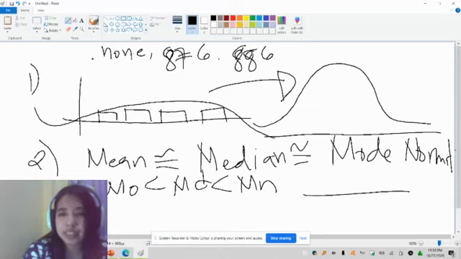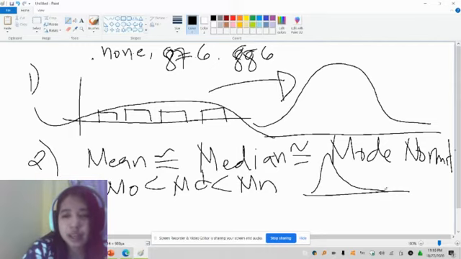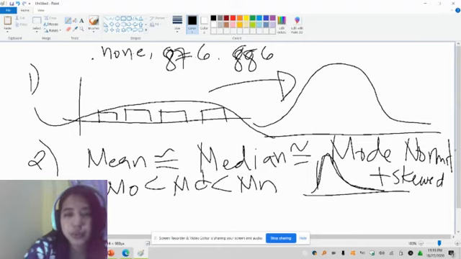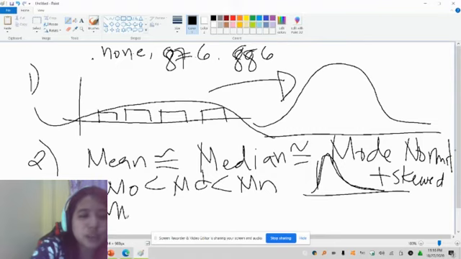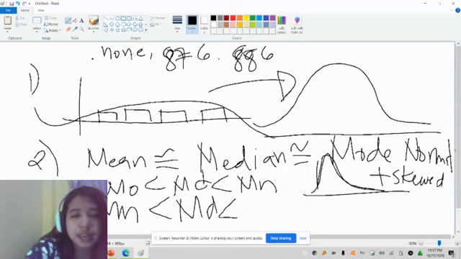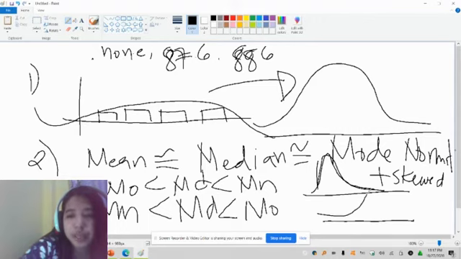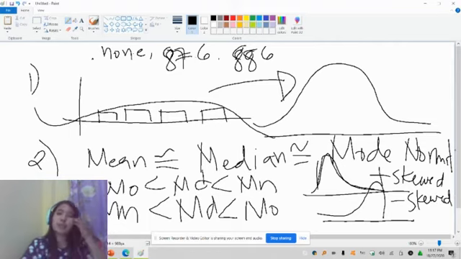our graph does not look like normal, rather it looks like this. So this is what we call positively skewed. While if the mean is the lowest value followed by the median and the highest value is the mode, we actually have a negatively skewed data.